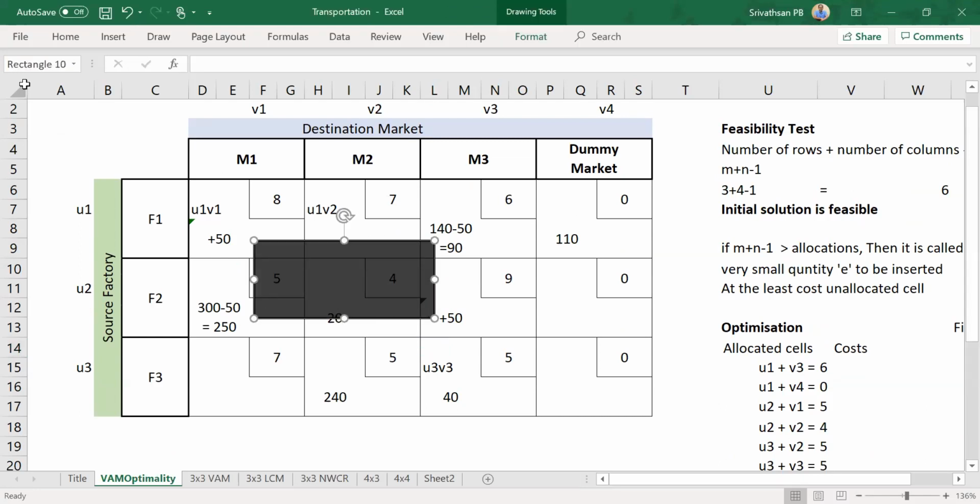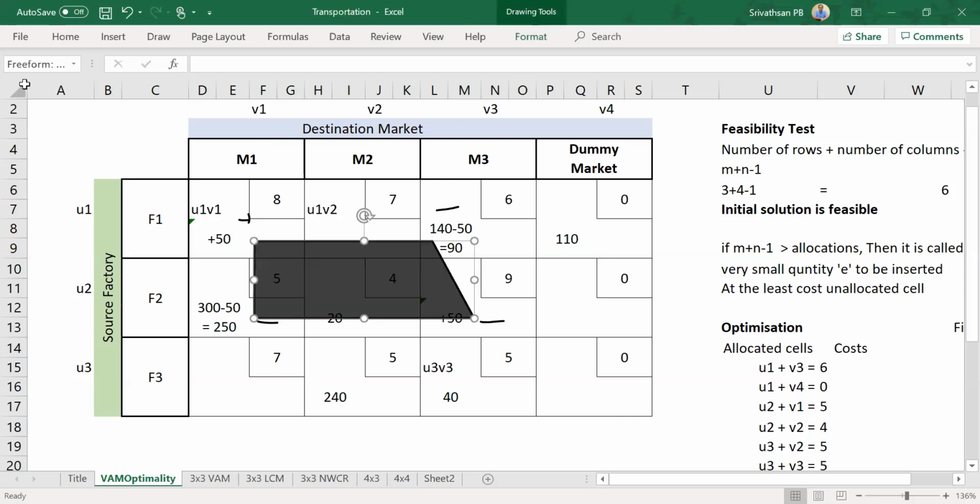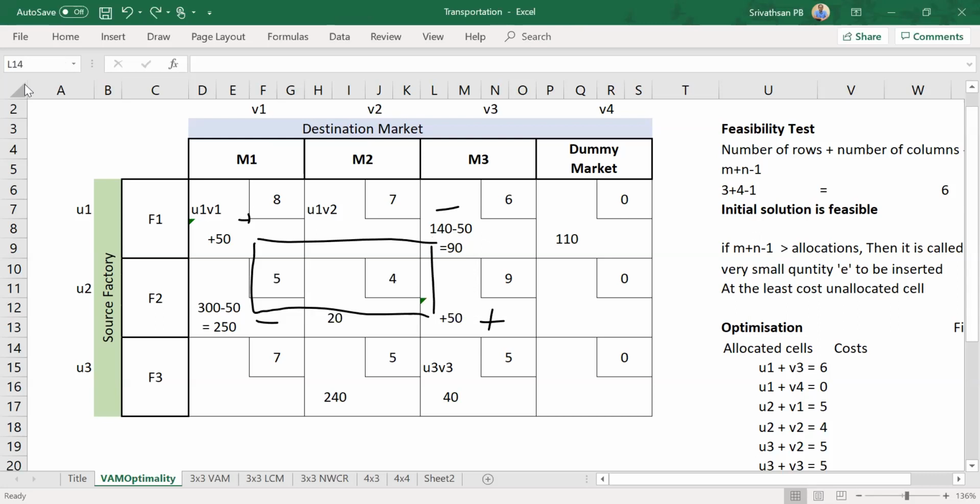We added here, we subtracted here, we added here, we subtracted here. Add, subtract, add, subtract. That's what we have done. So this is a loop with 4 corners.